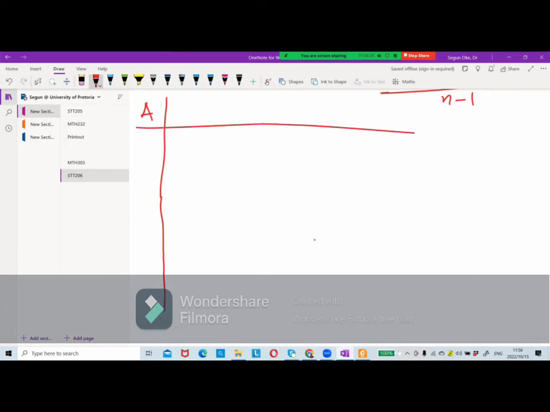Under the A, tell me the values: 16, 17, 25, 26, 32, 34, 38, 40, 42. Somebody should sum them together.